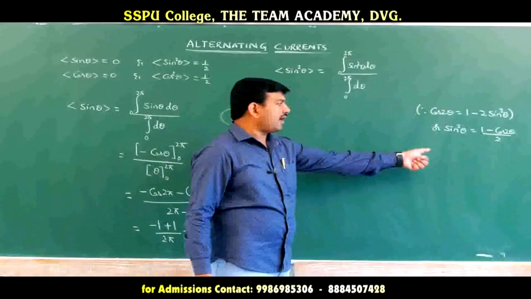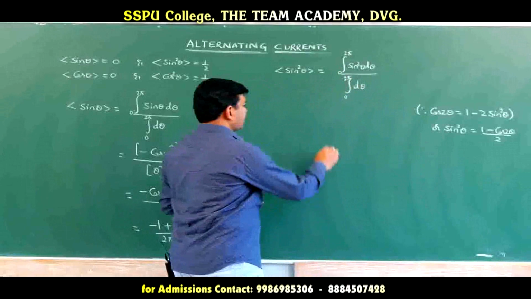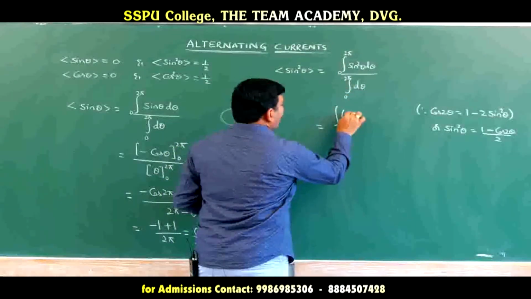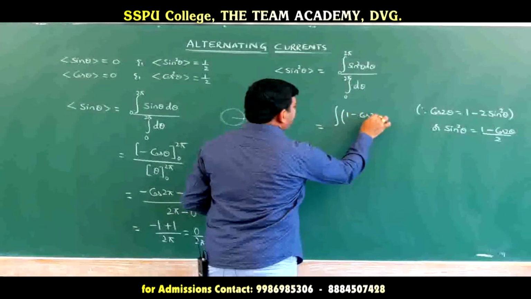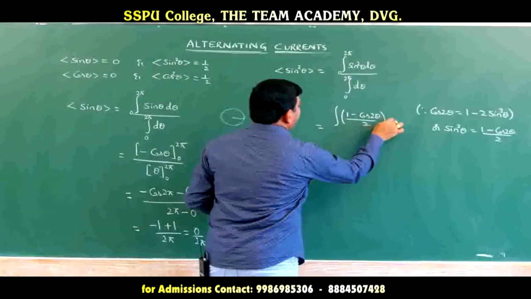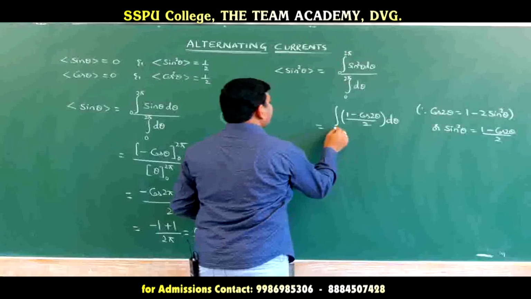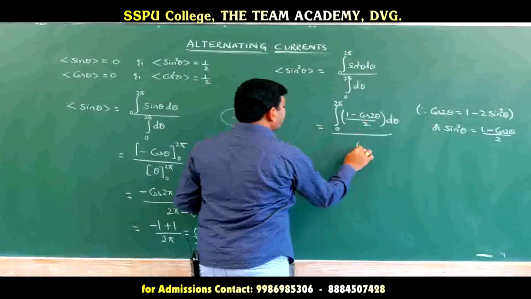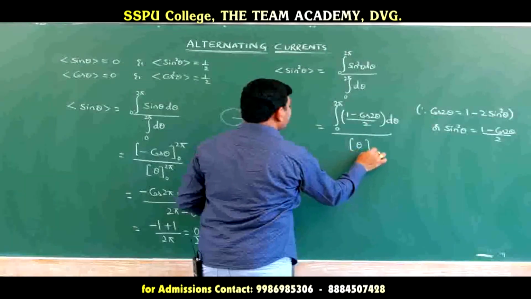Now substitute this value for sine square theta in this equation. Then what are you going to get? The integral of 1 minus cos 2 theta divided by 2 into d theta, where the limits vary from 0 to 2 pi, divided by the integral of d theta, which is nothing but theta, with limits from 0 to 2 pi.